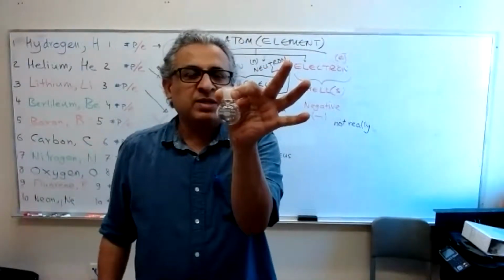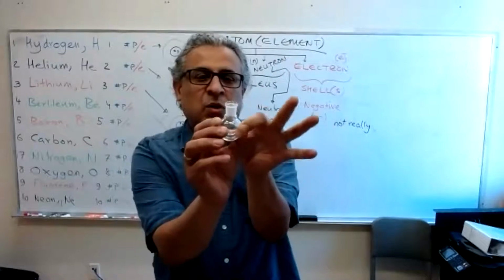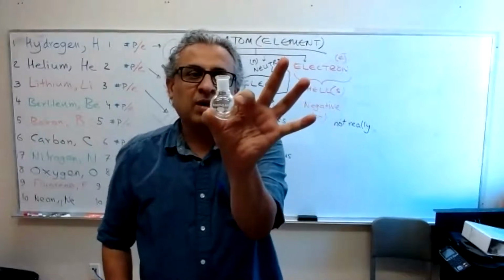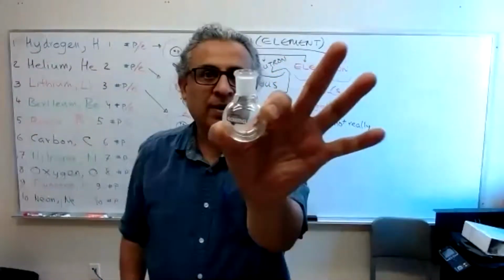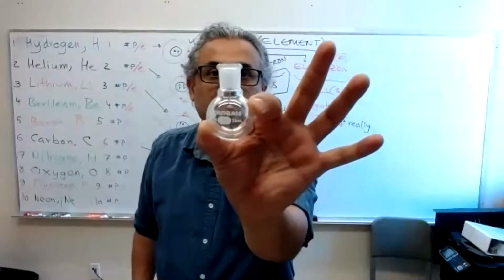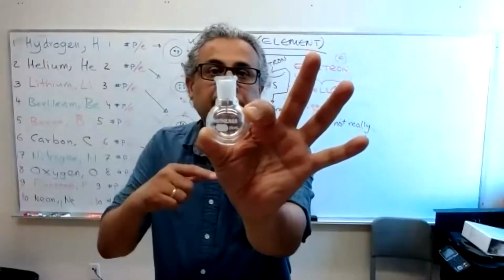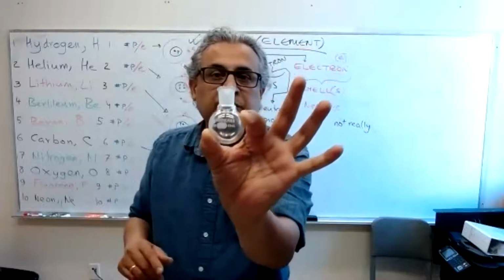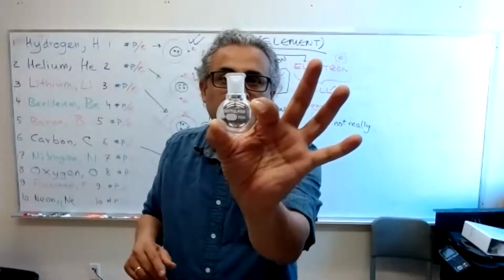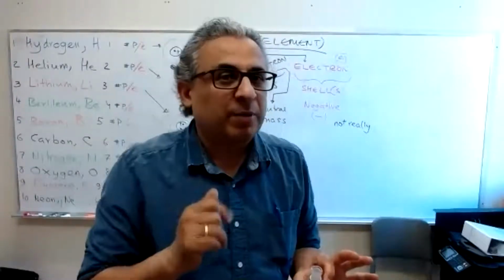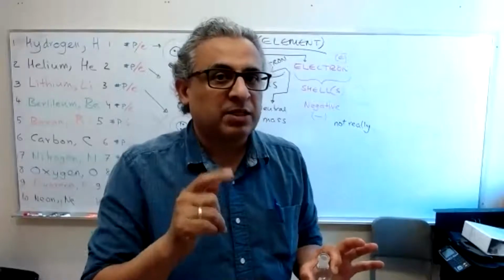Anybody remembers what this guy is called? This whole thing is called? Unmute and then talk. I'm not looking at the chat. I'm not looking at the screen. I'm just looking directly into the camera. Round bottom flask. Round bottom flask, it's often called RB flask. Uppercase R, uppercase B flask.